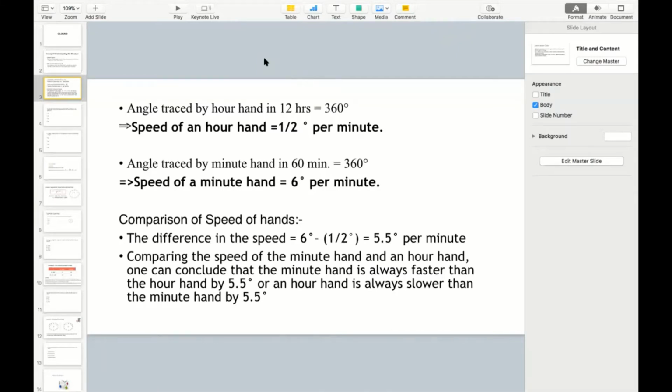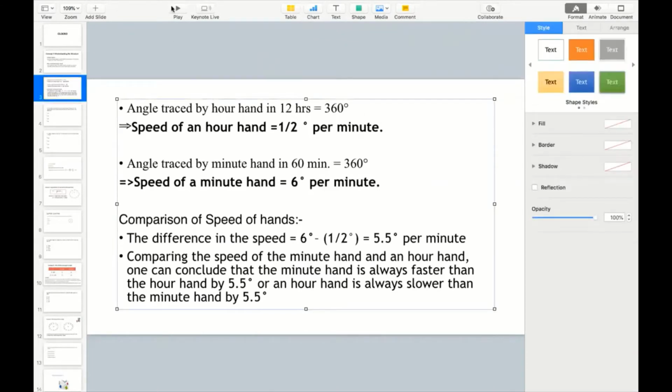So if it covers 30 degrees in 60 minutes, in 1 minute it will cover 30 by 60, half a degree per minute. Okay, so this is what is written over here, that the speed of an hour hand is half a degree per minute.